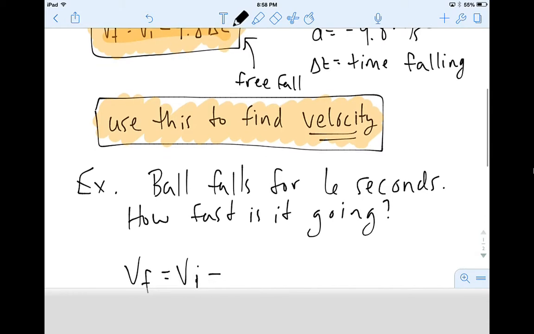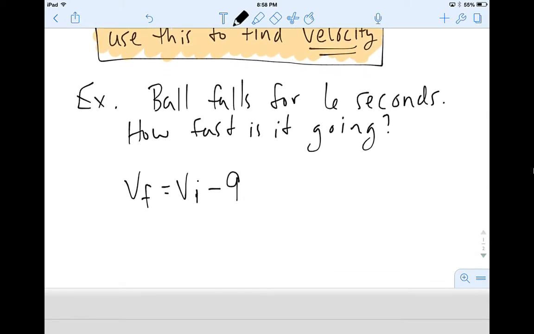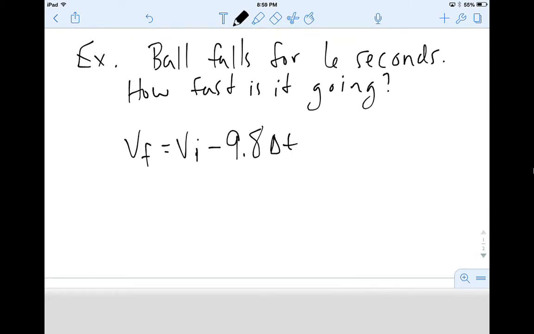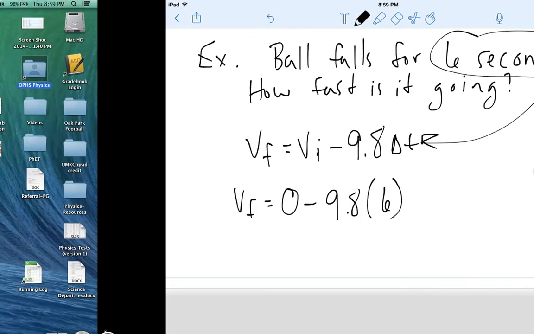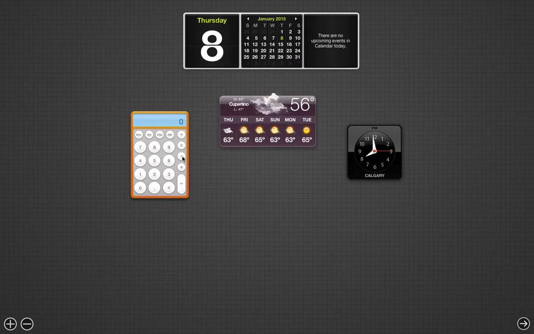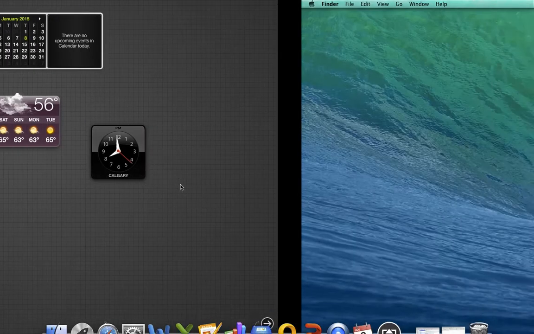Minus 9.8 delta T. All we have to do is take this 6 seconds and plug it in for delta T. VI here, we're going to assume is 0. So we go minus 9.8 times 6, and I'd get negative 58.8.